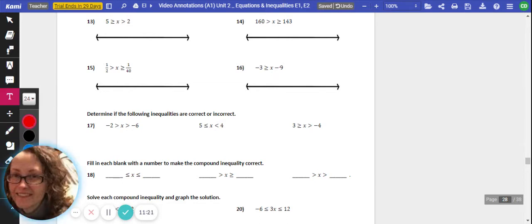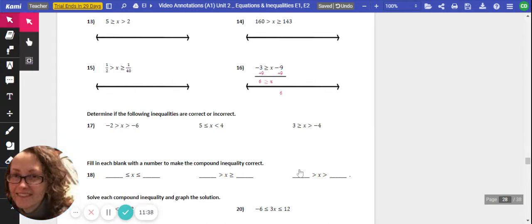In this inequality, I don't just have an x by itself like I do in all of these other inequalities. So I need to get it by itself. So I'm going to add 9 to both sides. If I add 9 to both sides, -3 and +9 are opposite signs, so I want to find their difference and assign the sign of the bigger number. The bigger digit is 9, so I want to assign the value of my 9, which is positive.